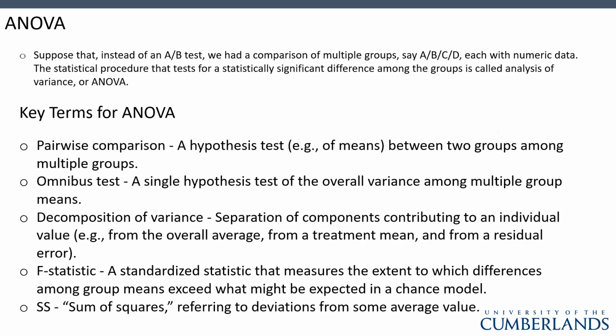These are some of the key terms for ANOVA: pairwise comparison, the omnibus test, decomposition of variance, F statistics, and SS, which is the sum of squares.